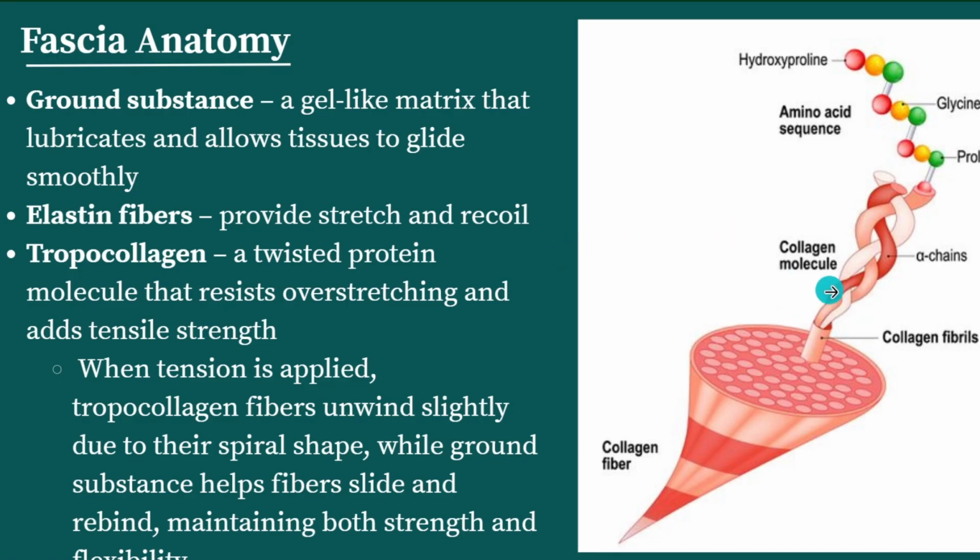It is a triple helix spiral of these proteins that will stay firm unless tension is applied. So you apply tension and pressure to it and warmth, and those fibers will start to unwind. And when the force is removed, it will coil back up together and retain its original shape.